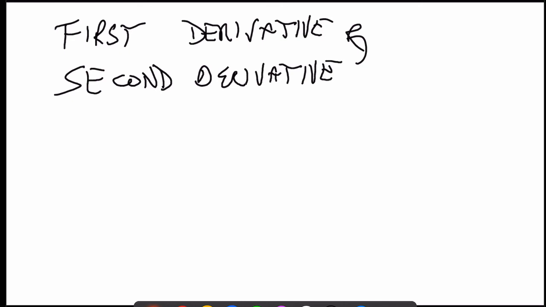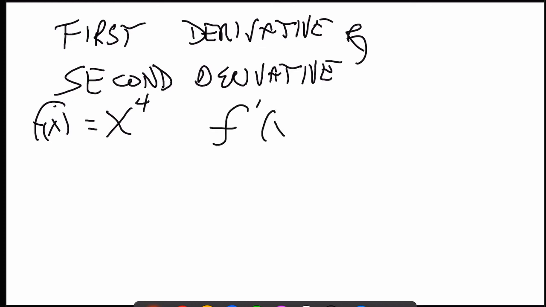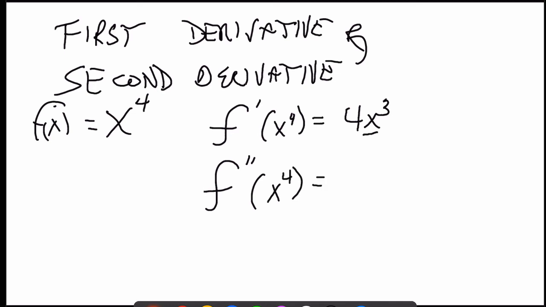So let's take x to the fourth. f of x is x to the fourth. f prime of x, the first derivative, is 4x cubed. The second derivative is 12x squared.